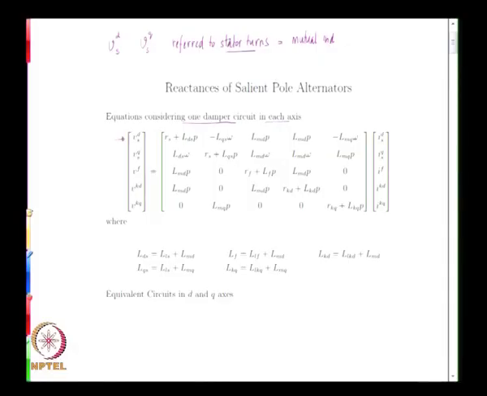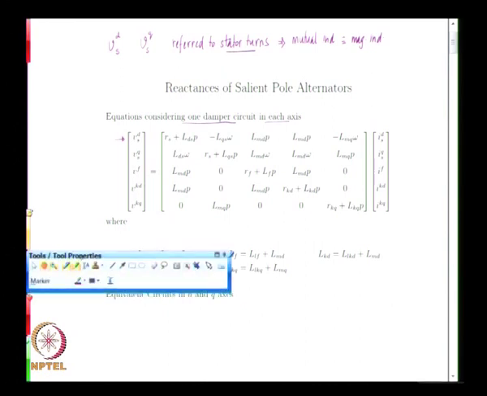Mutual inductance becomes equivalent to the magnetizing inductance along the respective axis. So that is why you find these terms.